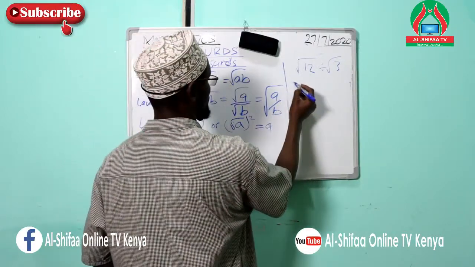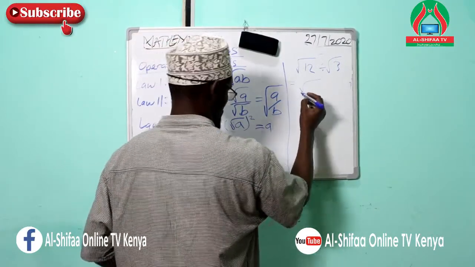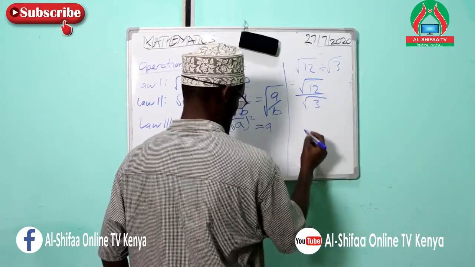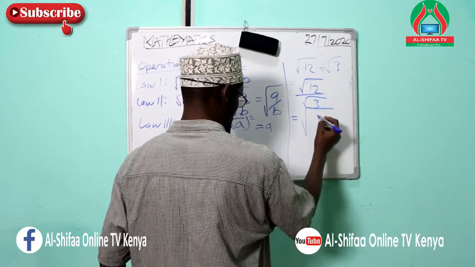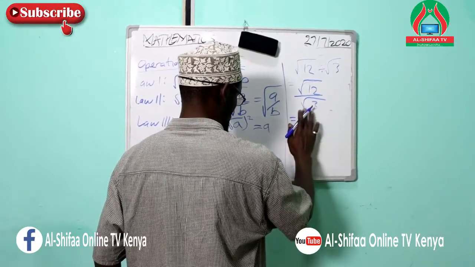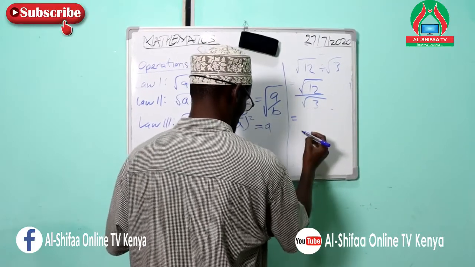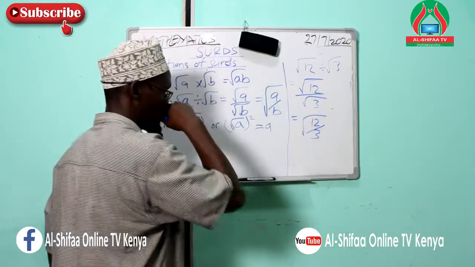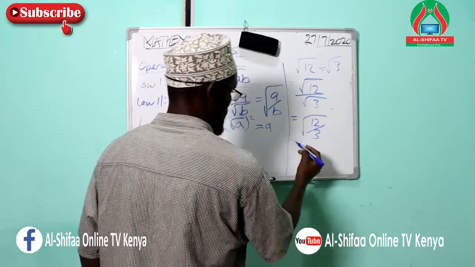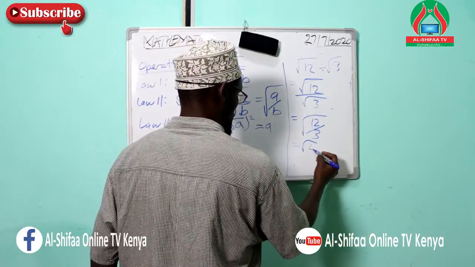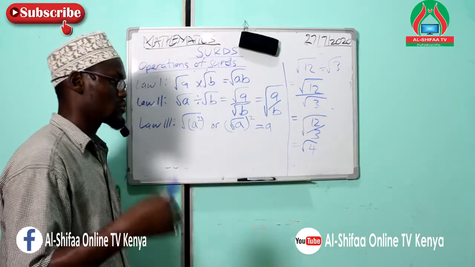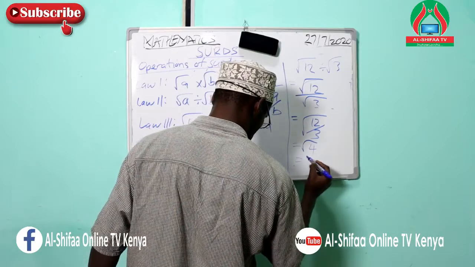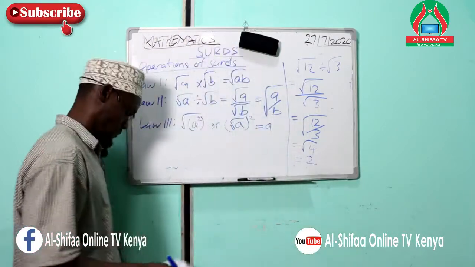So this one is equivalent to root 12 over root 3, which equals root of 12 over 3. So when we divide 12 by 3, we'll get 4, which is equal to root 4. And we know that 4 is equivalent to 2 squared. So the square and the square root will cancel each other and we remain with 2.